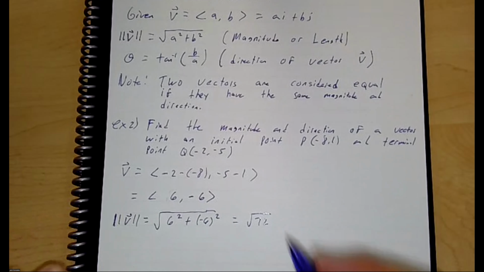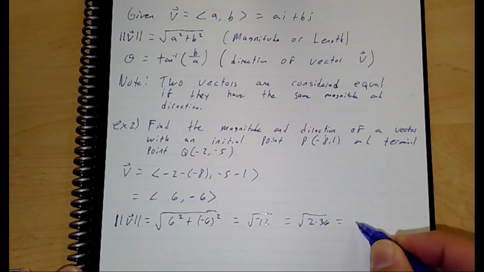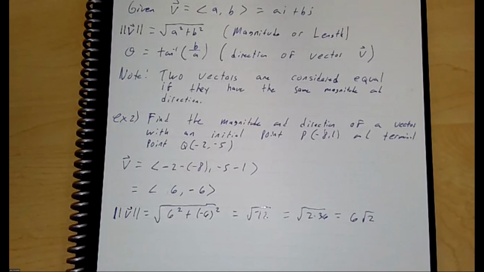Reduce that. This is 2 times 36. It's like 8 point something. I don't know. Some decimal. That's the length of the vector V.